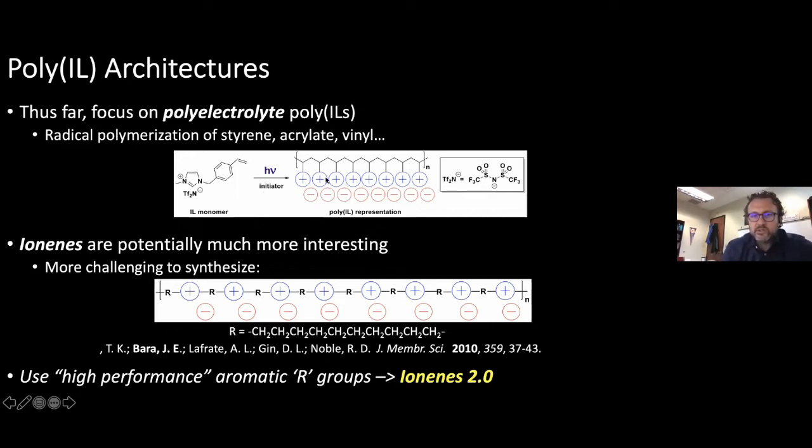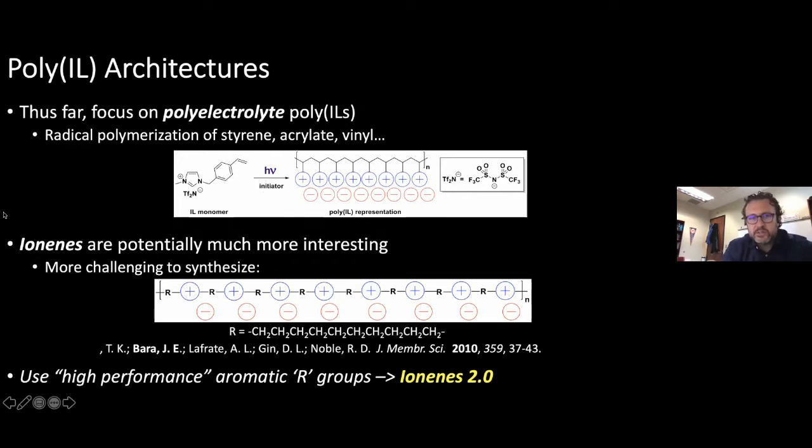And we get a structure where the cations are pendant from the backbone, and we can have free anions. That free anion can be something like TF2N or chloride or any number of species, just like regular ionic liquids. But then we have the ionene type of structure where the cation is in the backbone.